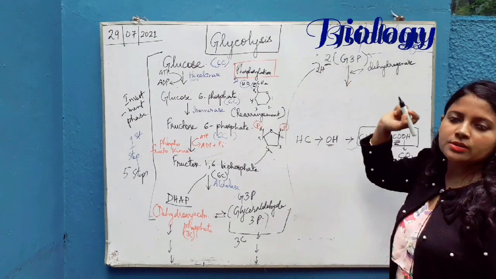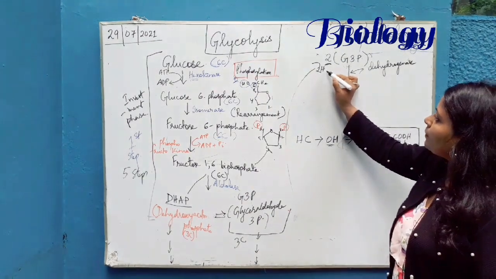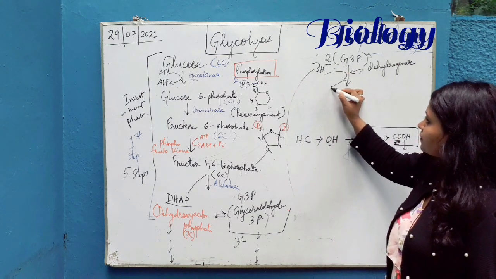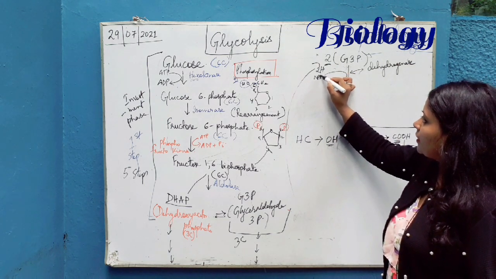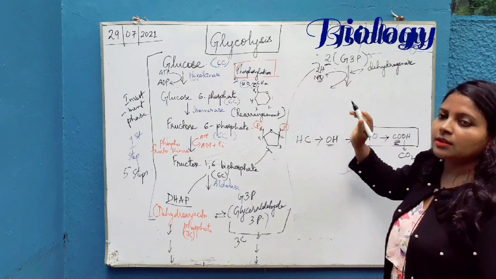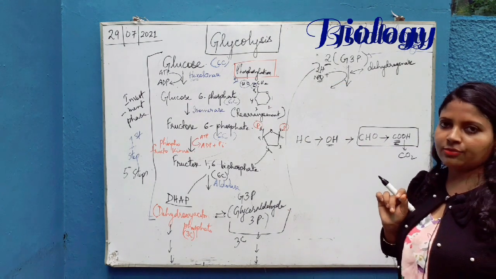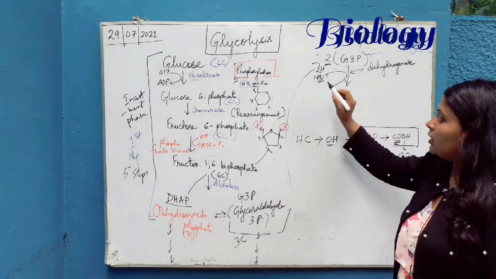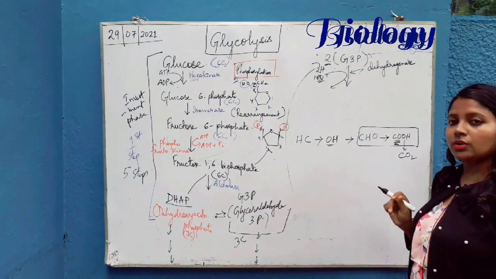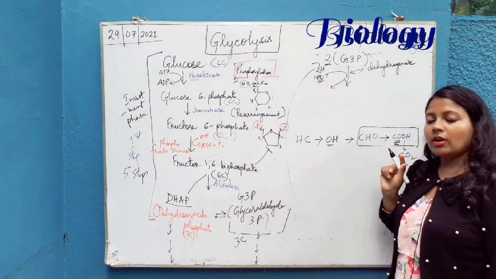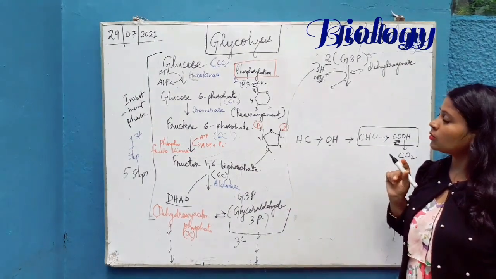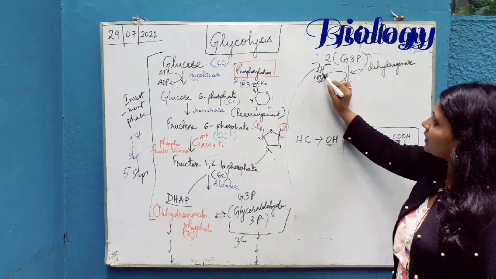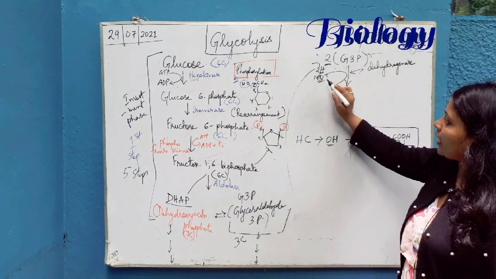Now, these 2 hydrogen atoms will be picked up by NAD plus. NAD means nicotinamide adenine dinucleotide. This is one of the coenzymes. This coenzyme will pick up these 2 hydrogen ions.